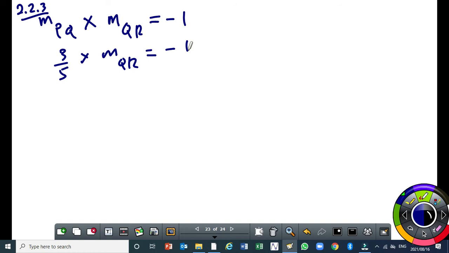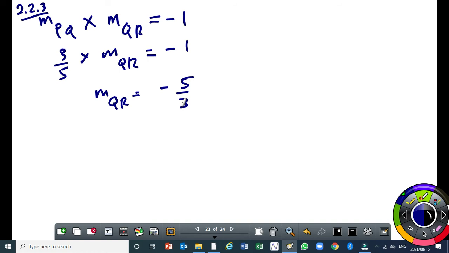So if you solve that equation, you get MQR equals minus 5 over 3. It is the negative reciprocal of 3 over 5, because 3 over 5 times minus 5 over 3 is equal to minus 1.